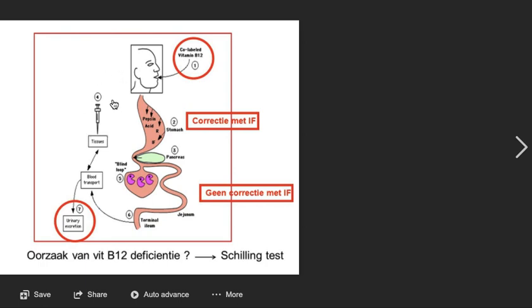We are giving non-radio labeled vitamin B12 by intramuscular injection to saturate the body stores, and giving radio labeled vitamin B12 orally. This dose is also called the flushing dose.